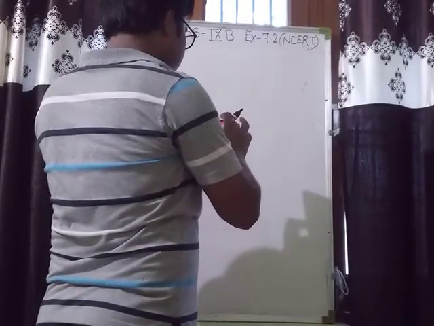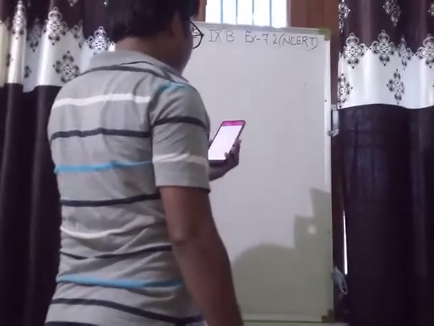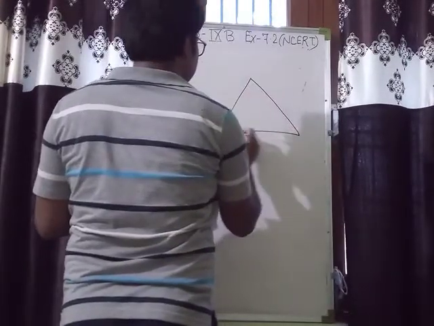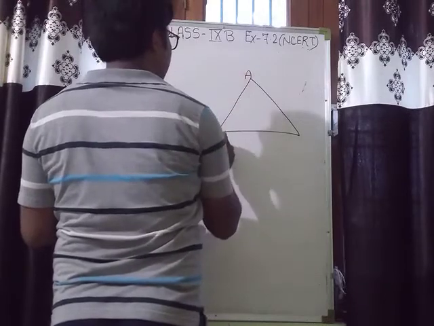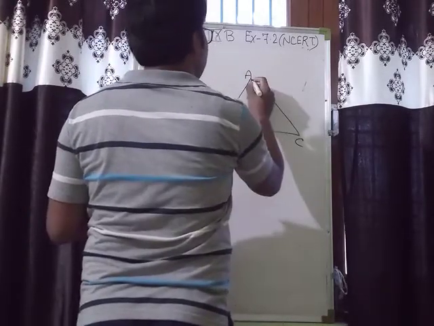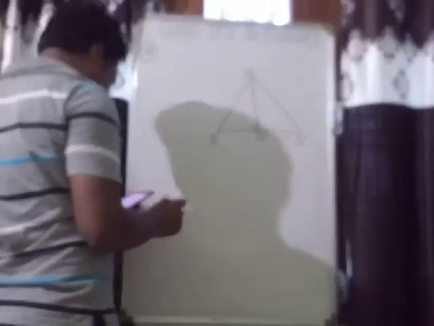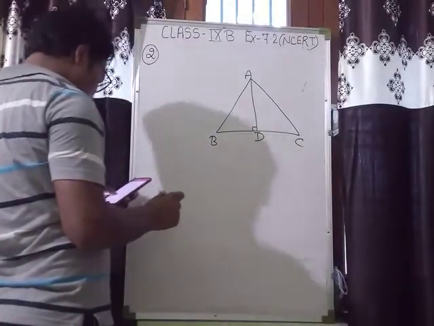In triangle ABC, AD is the perpendicular bisector of BC.